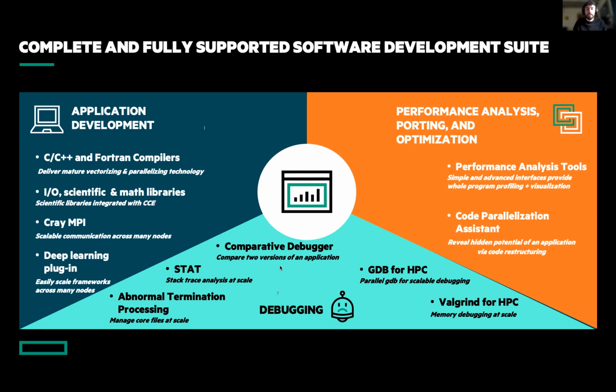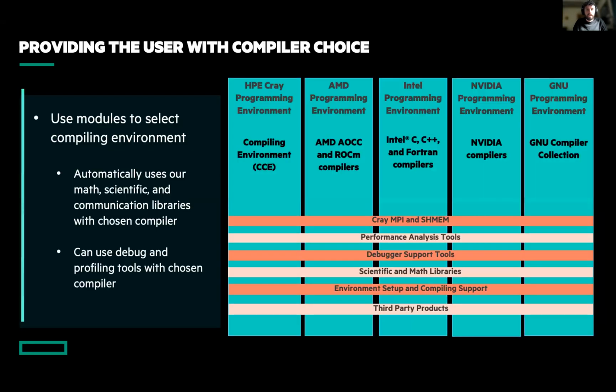We have GDB and Valgrind, and then some nice performance analysis, porting, and optimization tools. So we have quite a good environment for developing, debugging, analyzing, and optimizing applications for production supercomputing. And the remainder of the slides are going to go into a bit more detail about what exactly we provide.